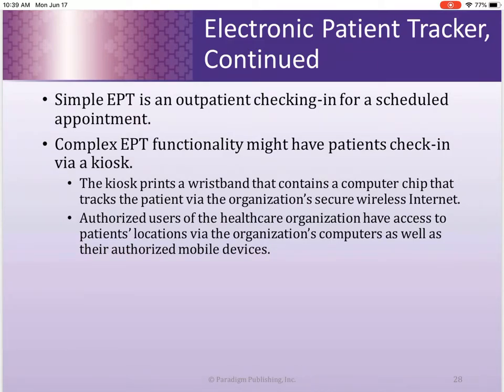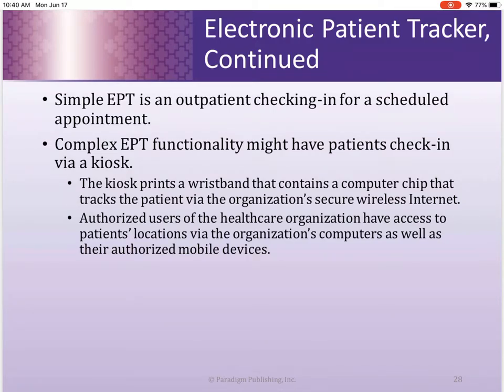The staff member indicates the patient's arrival in the system, and the medical assistant enters the patient's location as the patient is taken back to the exam room, and then a staff member enters the patient departure at the time of checkout. To locate a patient, a staff member has to access one of the office's computers. So that's your simple. It's a person actually doing the entry into the system of when that patient's location changes.